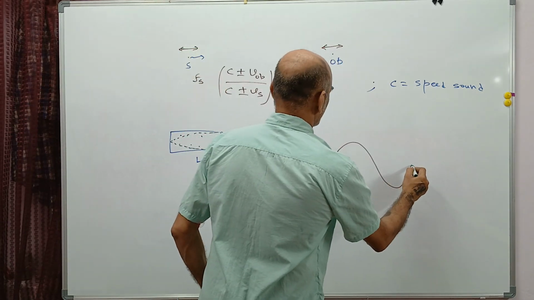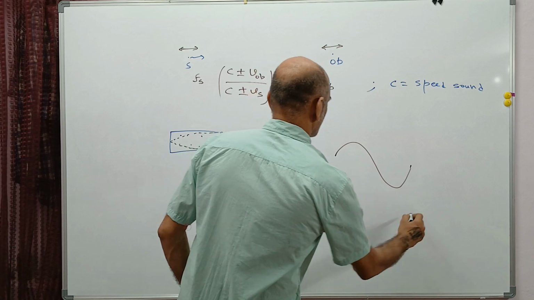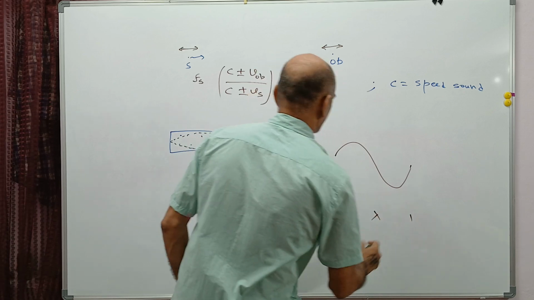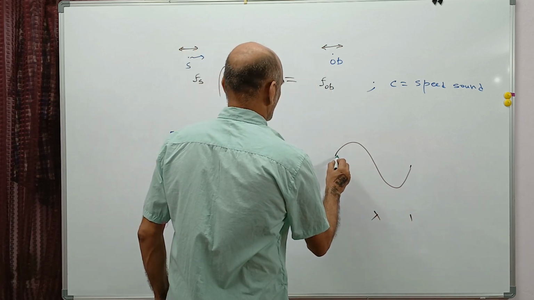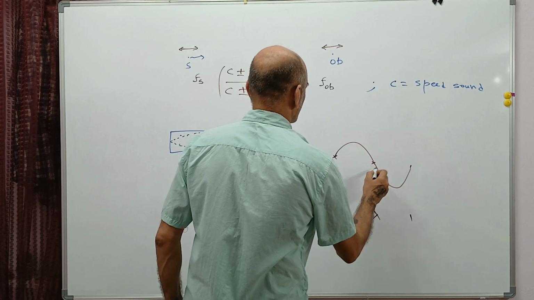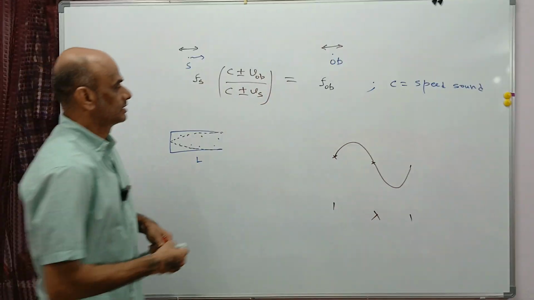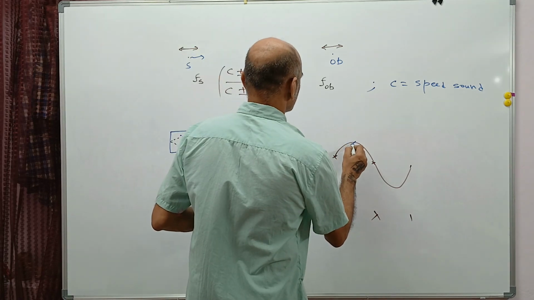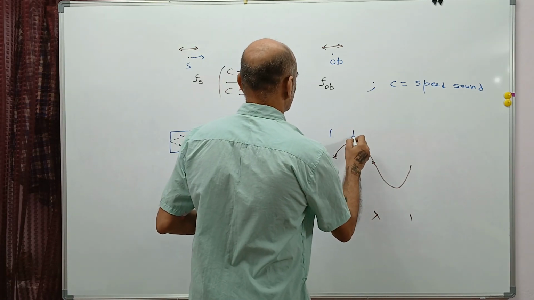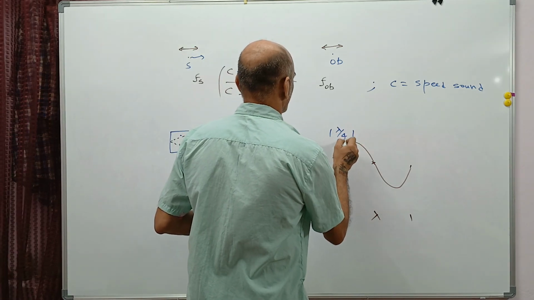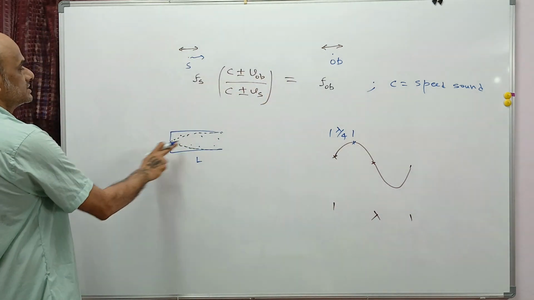So this is one complete wavelength. From this node to the next node, it's half wavelength, and from the node to the anti-node, this is quarter wavelength. So this is node here, this is anti-node here.